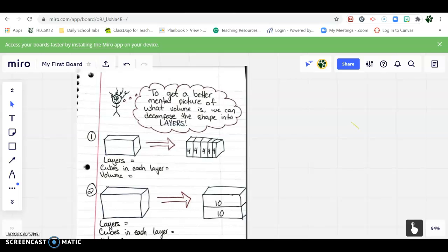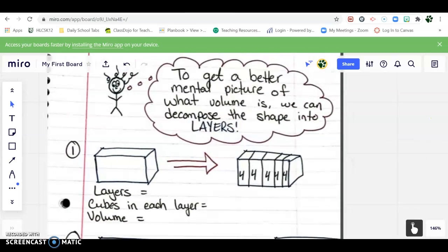So with that being said, our first one, if I take this rectangular prism and I expand it out to look at the layers and all the components of it, there are 1, 2, 3, 4, 5 layers in my rectangular prism here.